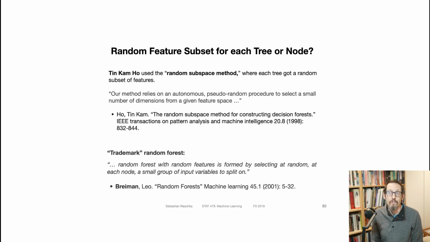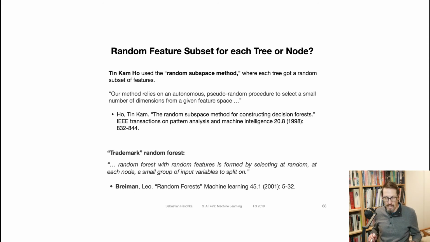Random forests were originally invented by Tin Kam Ho, who called them decision forests. In this case, there was a random subspace method, right? Each tree, the whole tree, got a different random subset of features. The tree was constructed node by node, just using a data set that had a random subset of the training set's features.